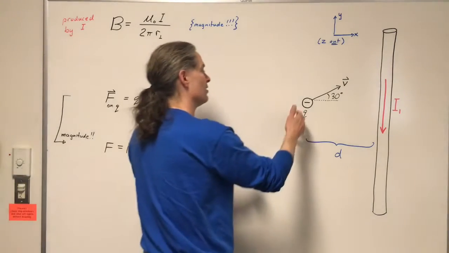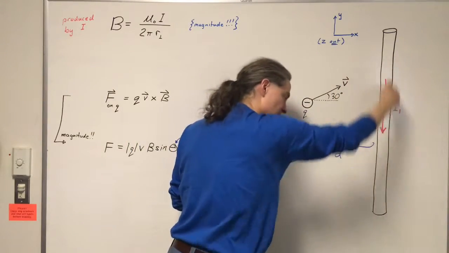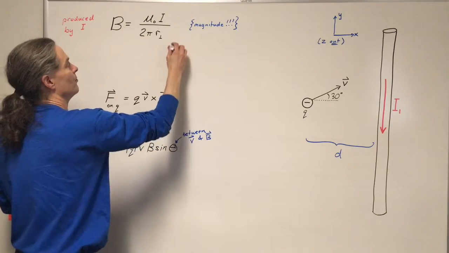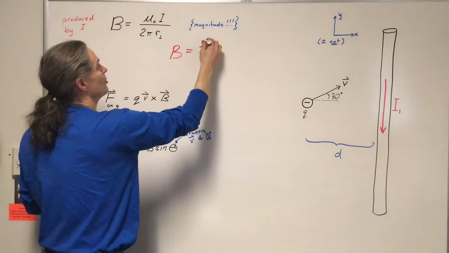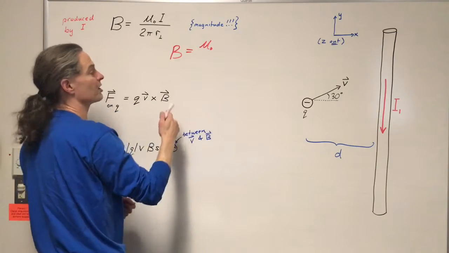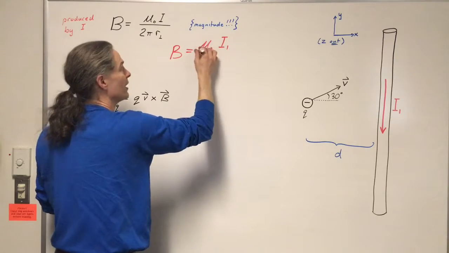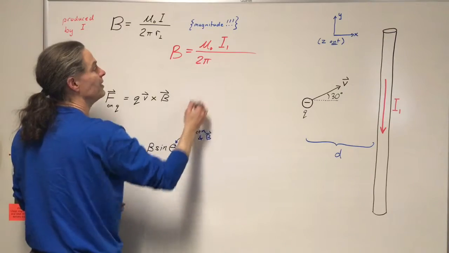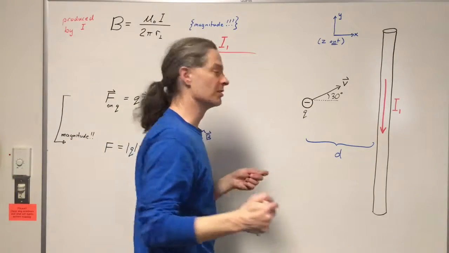So the magnetic field magnitude at this location produced by this long current I1 will be B with no arrow because it's a magnitude, mu naught, times the current producing the magnetic field, I1. If we had numbers, we would plug the numbers in there. Over 2 pi, and this R perpendicular represents in general the perpendicular distance from the wire.